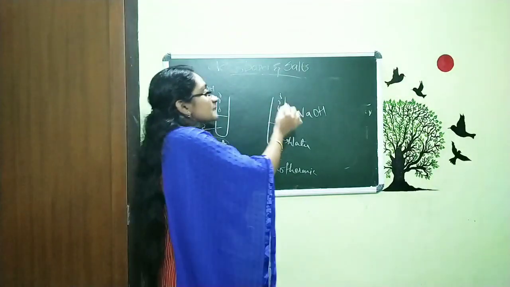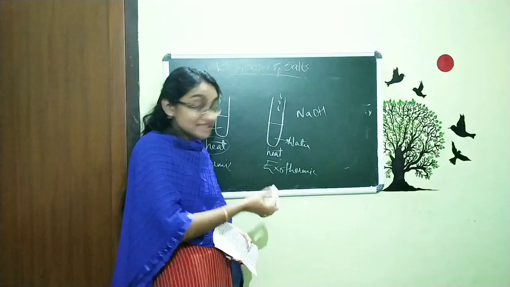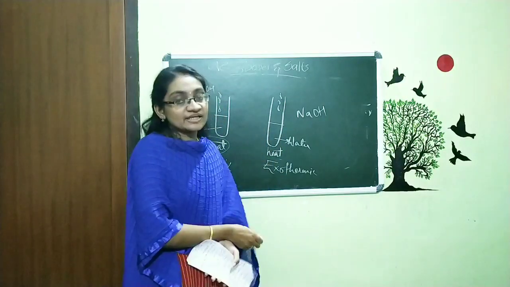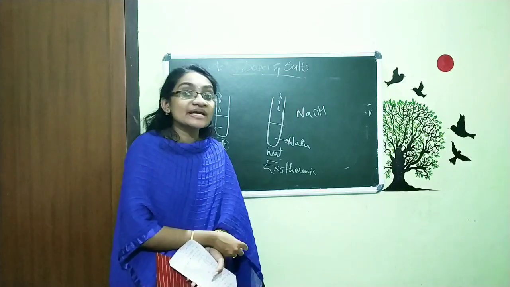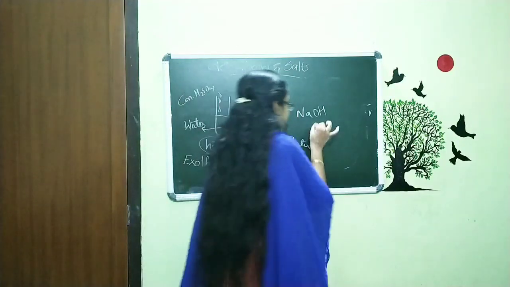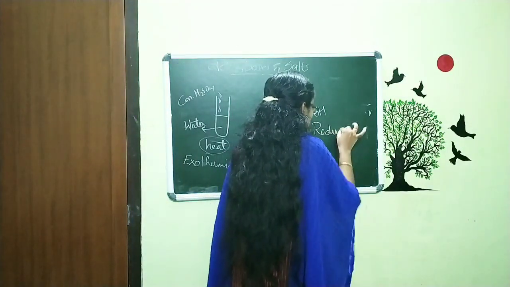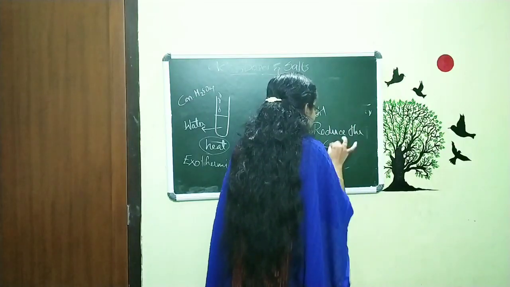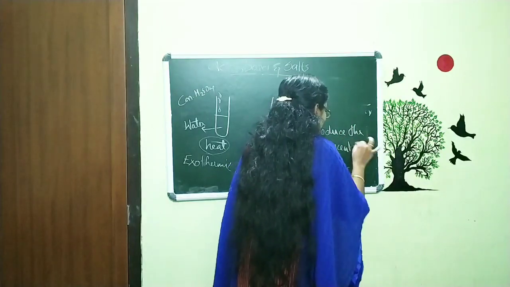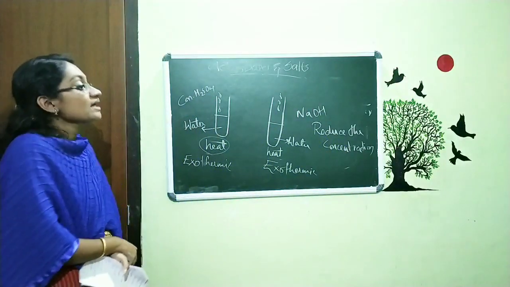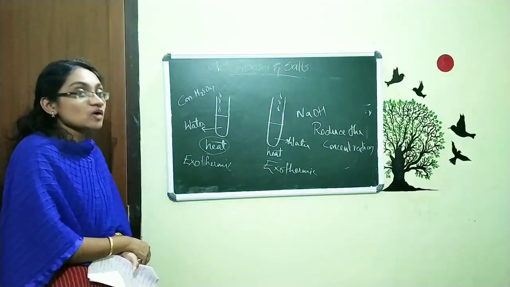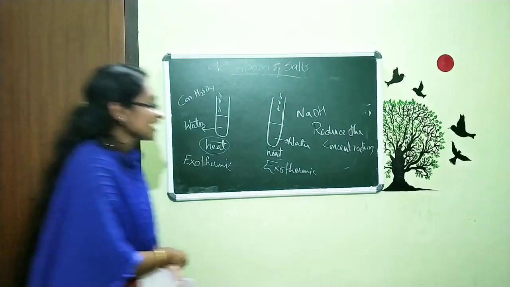Here also the base is in very small quantity and the water is in higher quantity. So our aim is to reduce the concentration, and such a process is called dilution.